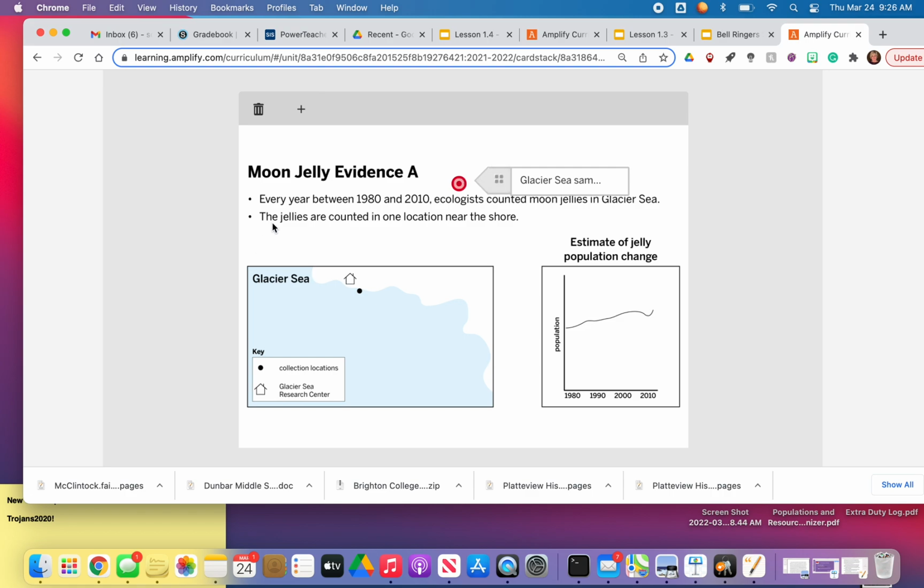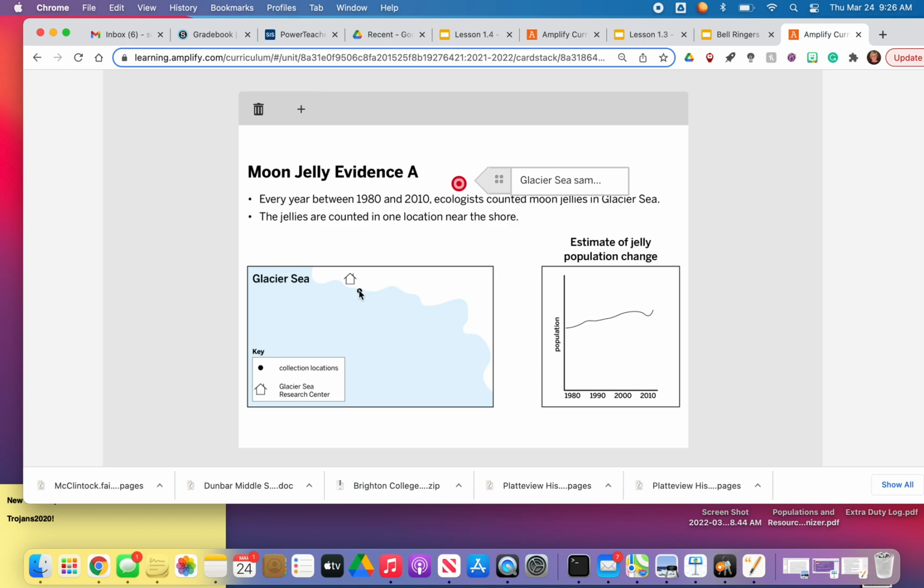The next bullet says the jellies are counted in one location near the shore. Looking at this graphic, I can see in the key a dot that shows where the collections were taken, and a little house icon that tells me that's the Glacier Sea Research Center. Based on that, the researchers just went out their back door close to the shore.